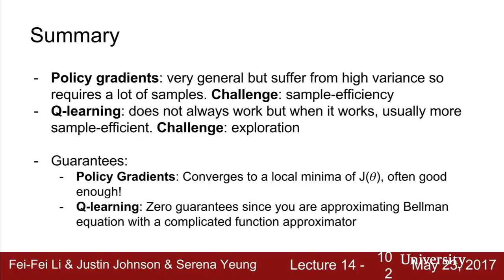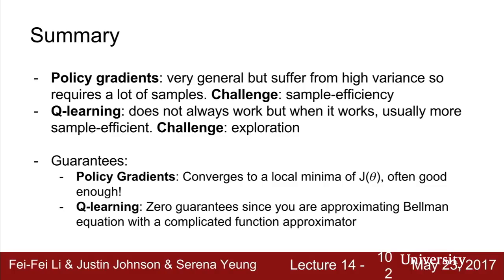In summary, today we've talked about policy gradients, which are general: you're directly taking gradient ascent on your policy parameters. This works well for a large class of problems, but it also suffers from high variance, so it requires a lot of samples, and your challenge here is sample efficiency. We also talked about Q-learning, which doesn't always work.